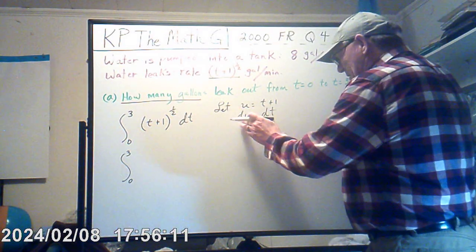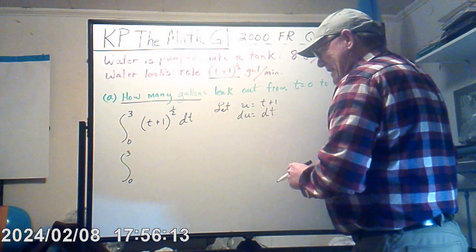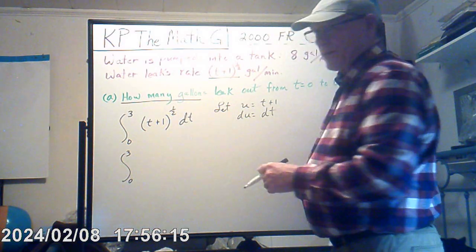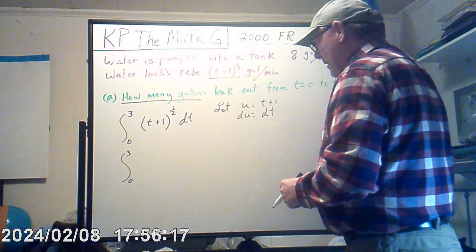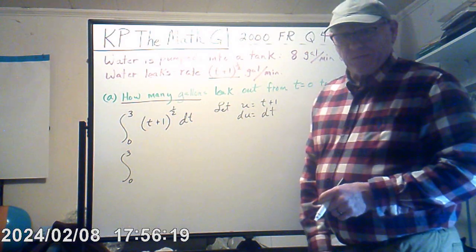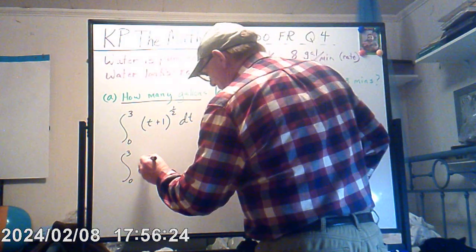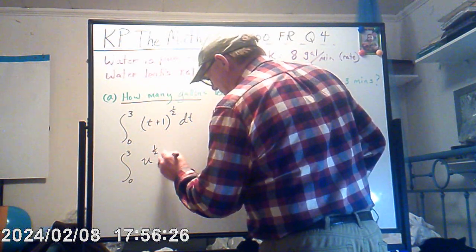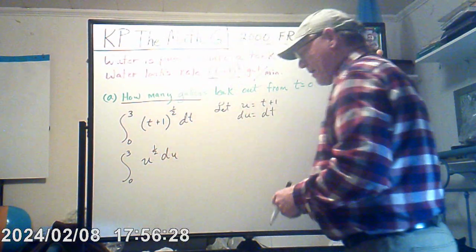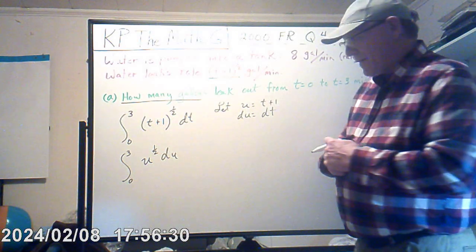If you know you're just going to get du equals dt, you can make this really simple, and I'll show you later. So what we have is the integral of u to the 1/2 du.